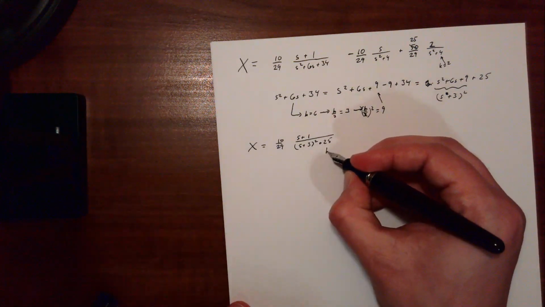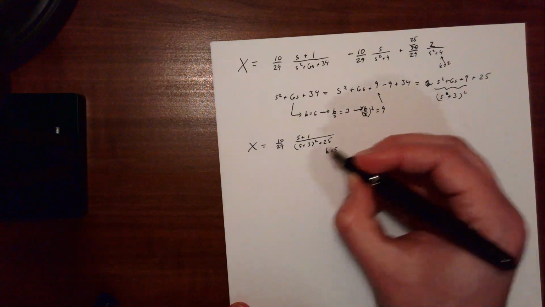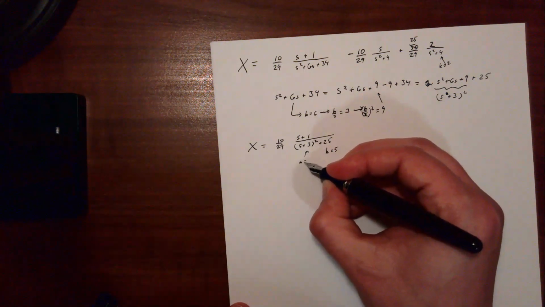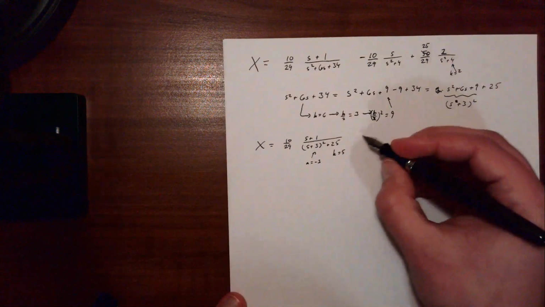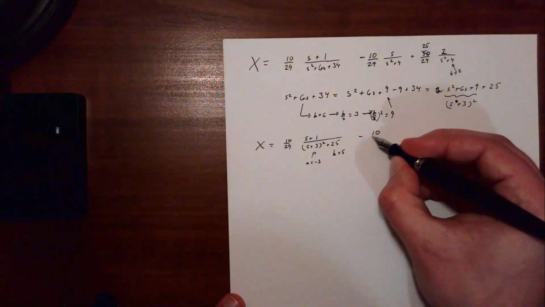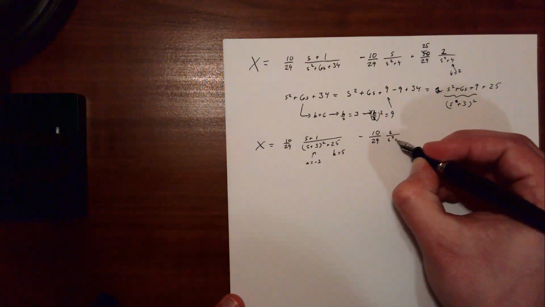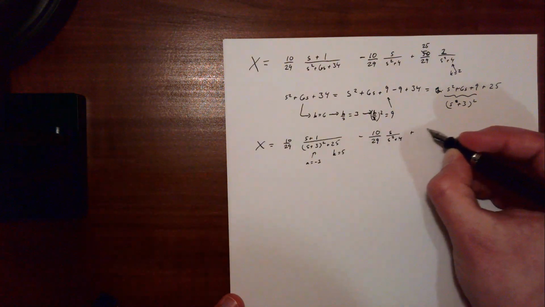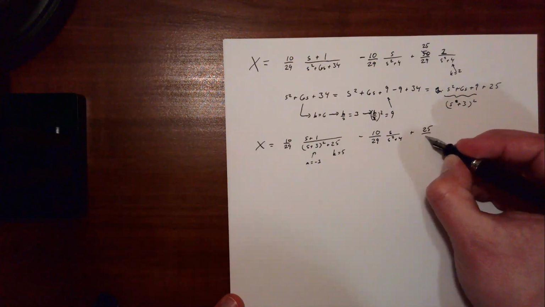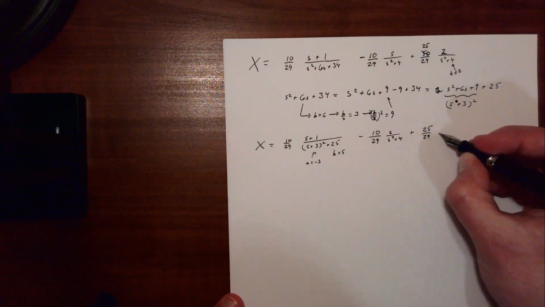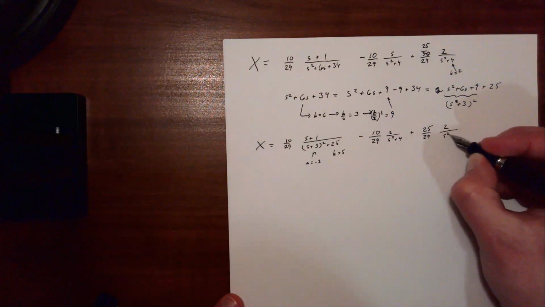So note then that means k equals 5 here, and a equals negative 3. Good to know. 10 over 29, s over s squared plus 4, plus 25 over 29 times 2 over s squared plus 4.